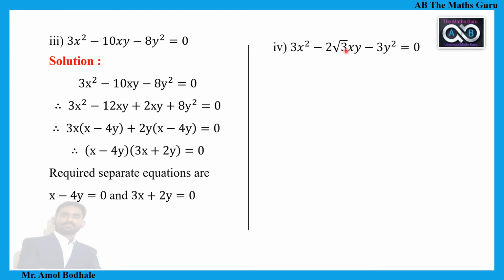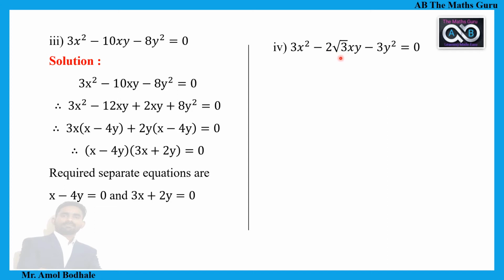Let's see one more example. 3x square minus 2 root 3 xy minus 3y square equal to 0. Here we take the product of the coefficient of x square and the coefficient of y square. So here 3 into minus 3, which will be minus 9. Now we have to find two numbers such that their product is minus 9 and their difference is 2 root 3.